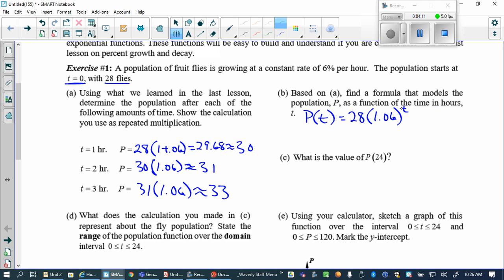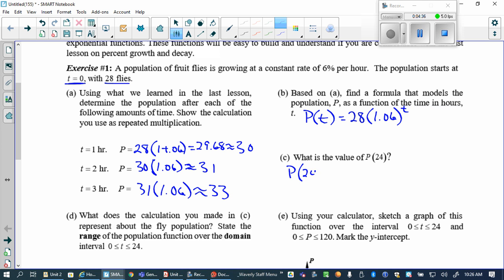All right, so this is our y equals A B to the x. You notice that the b here is greater than 1, so it's growth. All right, so part C, the value of P of 24.